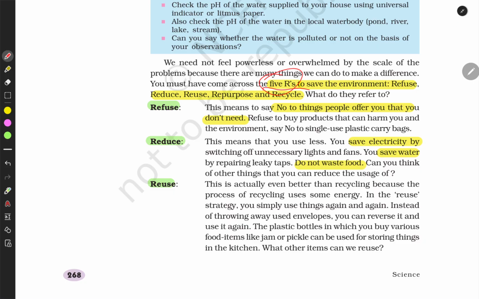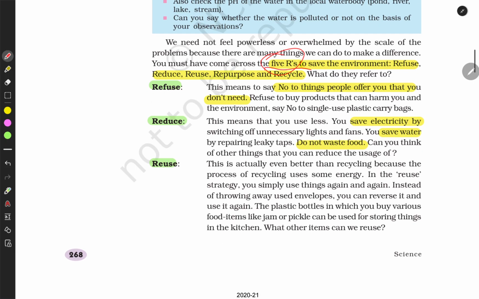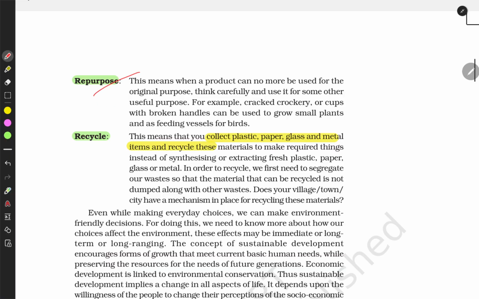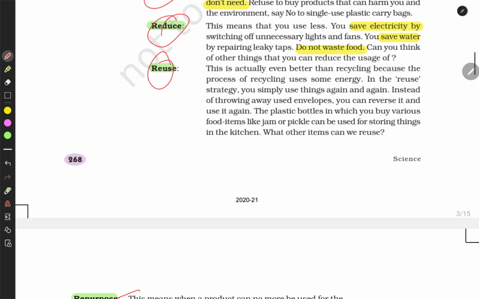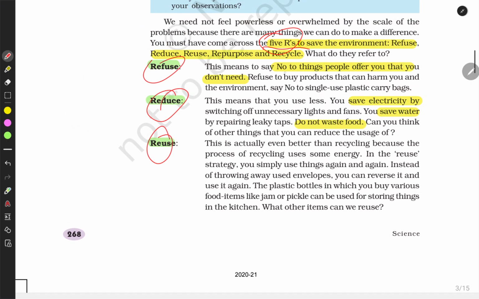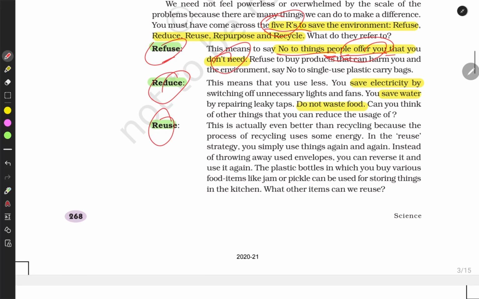The 5Rs are refuse, reduce, reuse, repurpose, and recycle. Refuse is simply saying no to those offerings and things which you don't need.